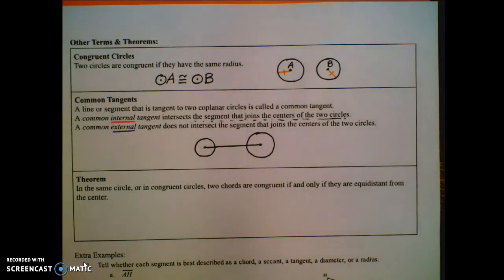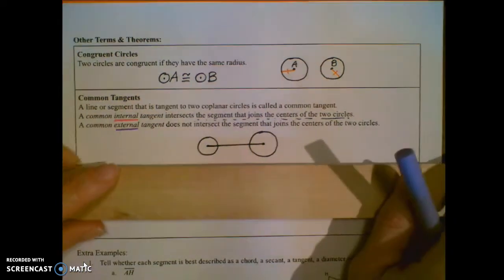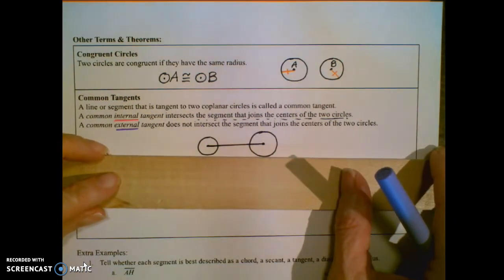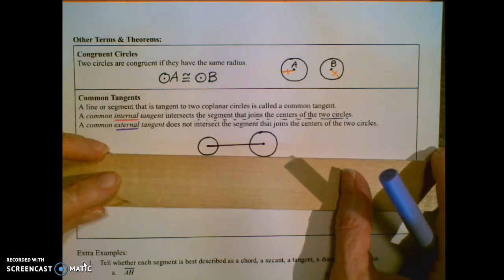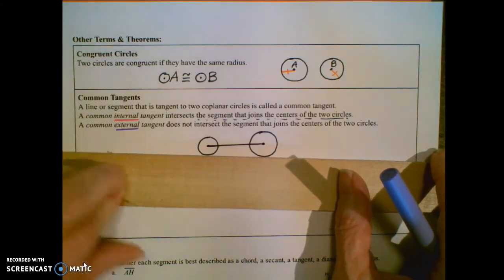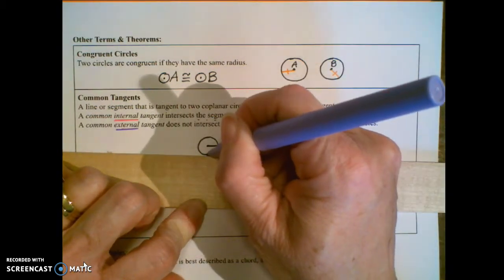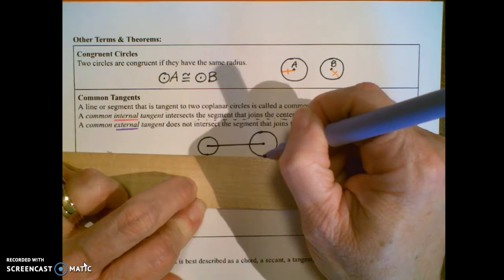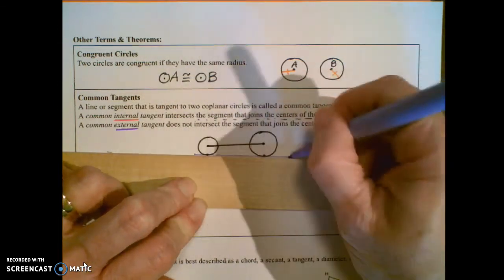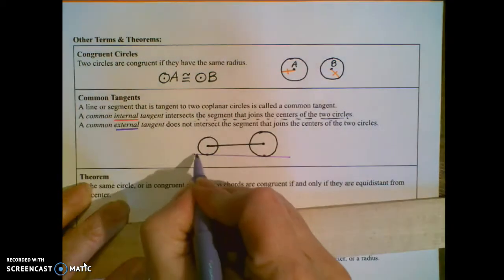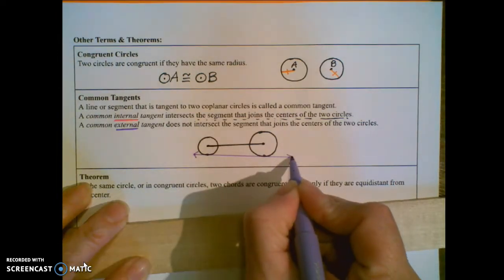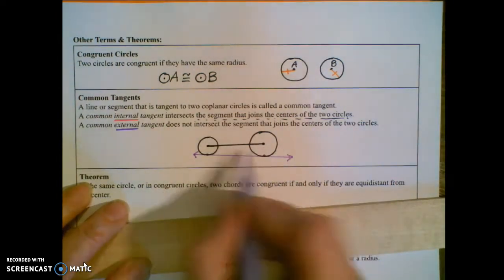So the first tangent that we talked about was one where we had a line that intersects both circles, each at one point, like so. So I'm going to put a little dot over here and a little point over here on this circle and draw the line that is tangent to both. And we'll notice that that line does not intersect this segment.